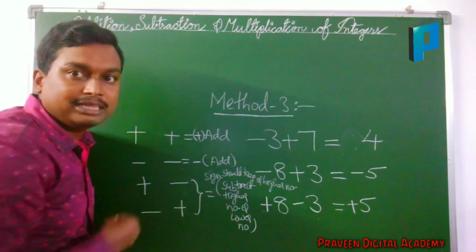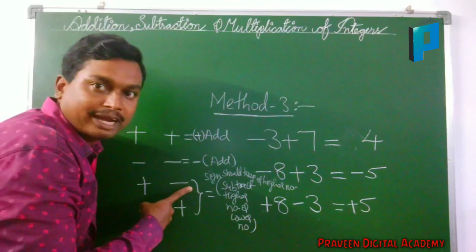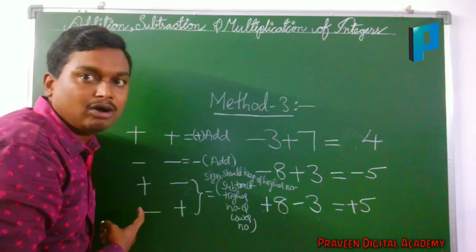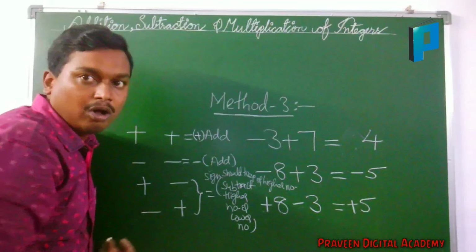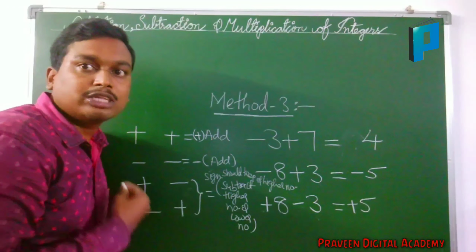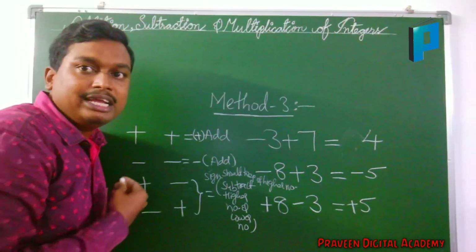In the third method, I told this one. Whenever you have one plus and one minus, subtract the higher number and the lower number and always keep the sign of the higher number. By these three methods, you can add or subtract any two integers very easily.